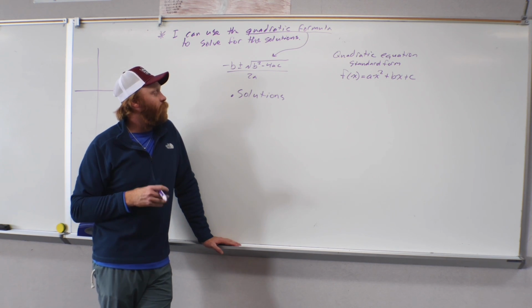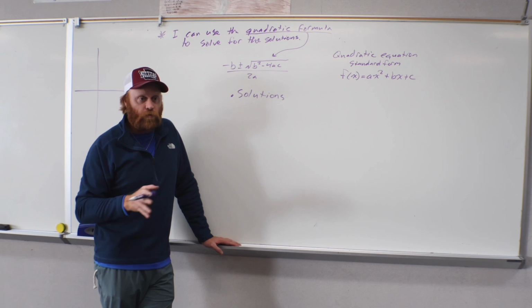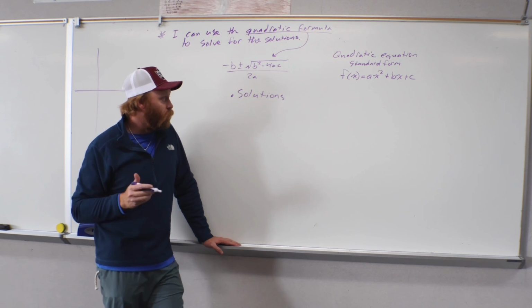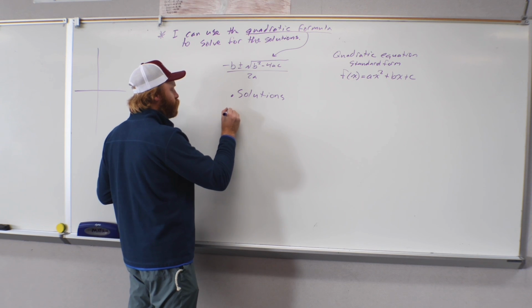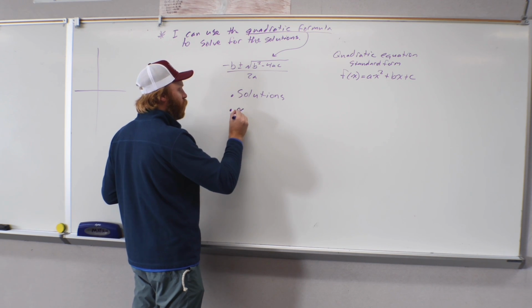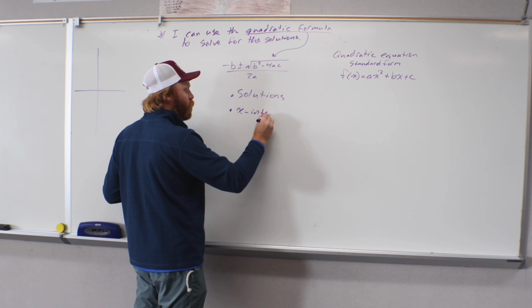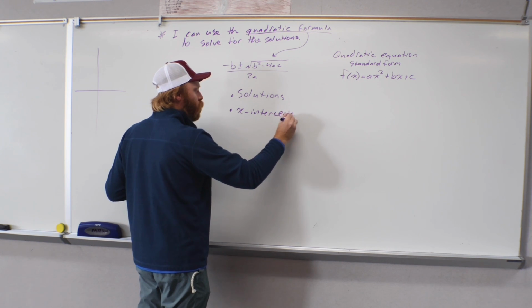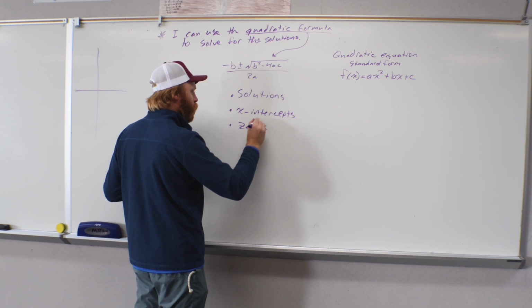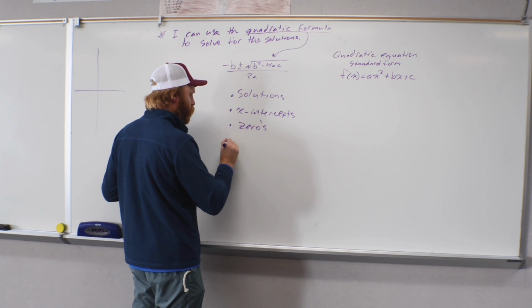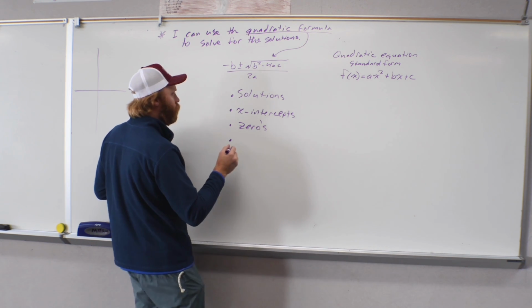We'll explain it, we'll show you, we'll use them interchangeably, so hopefully you get used to knowing what's going on. So we have solutions. We could also call this our x-intercepts. We can also call it zeros. And we can also call it roots.